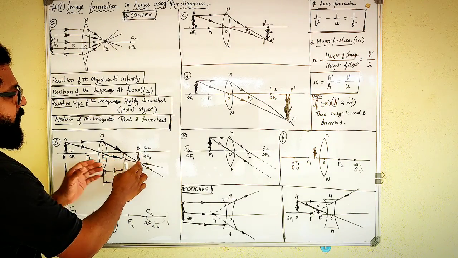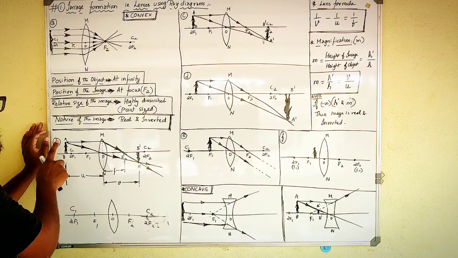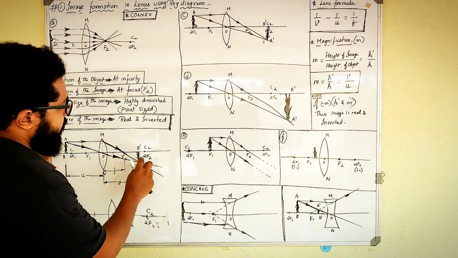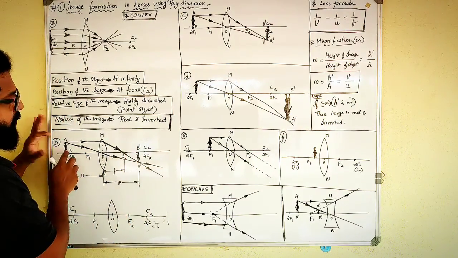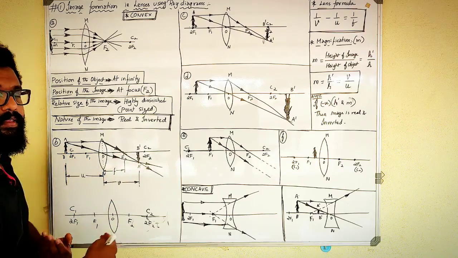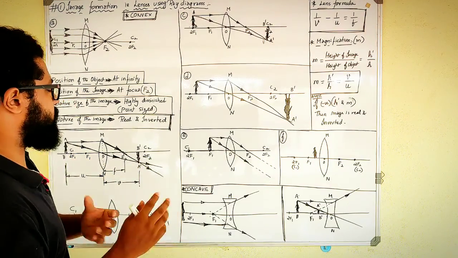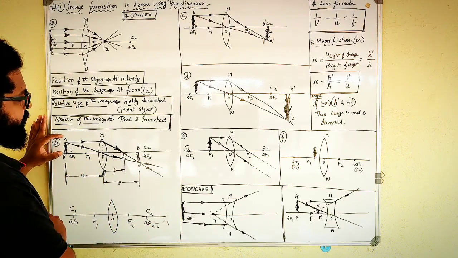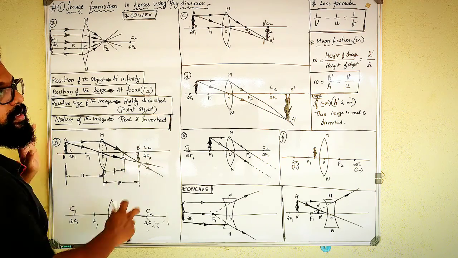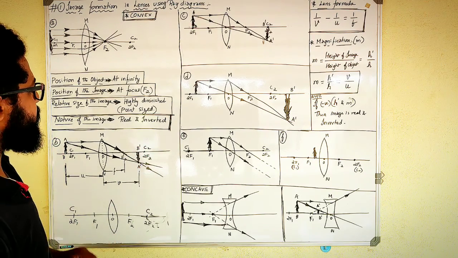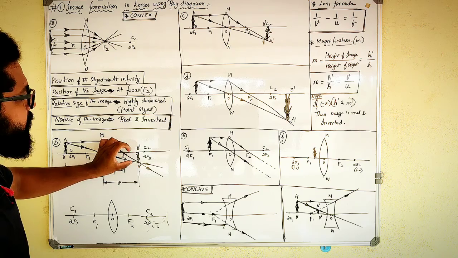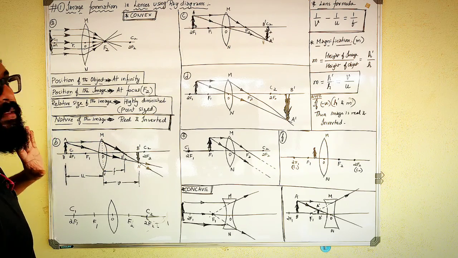You can see that the image of this particular object is smaller in size. It is not easily determined in the diagram, but when you're drawing it, draw this one a little bigger and this one a little smaller, so the image is a little smaller than the object.